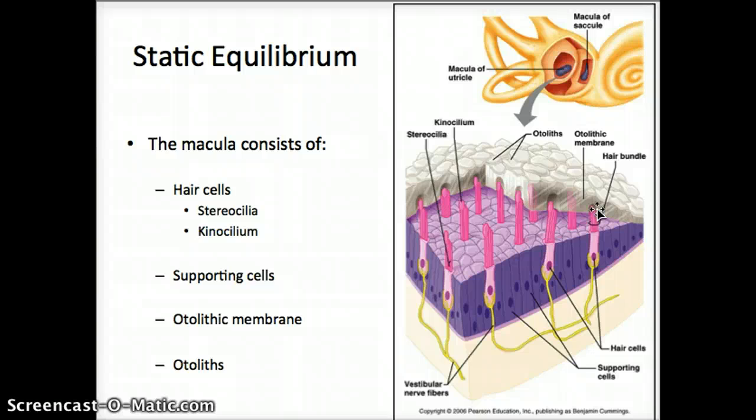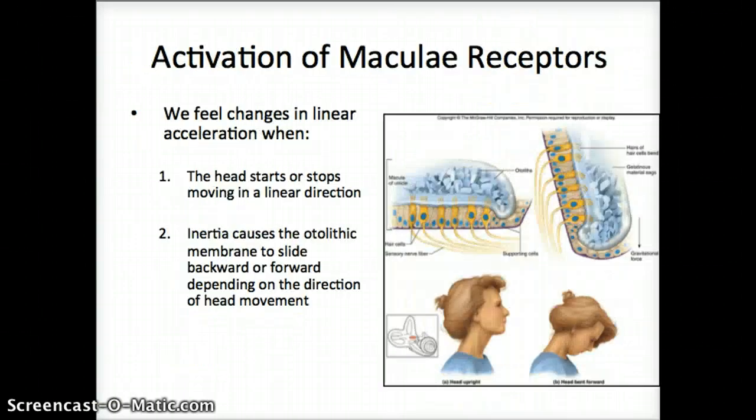There are also supporting cells, and there is an otolithic membrane. You can see that here, and then the otoliths, shown right here.